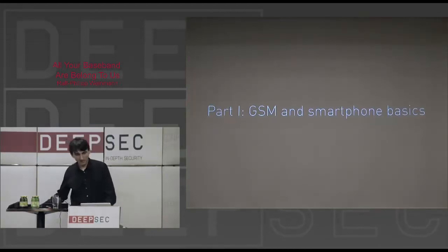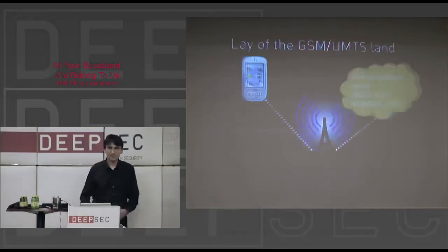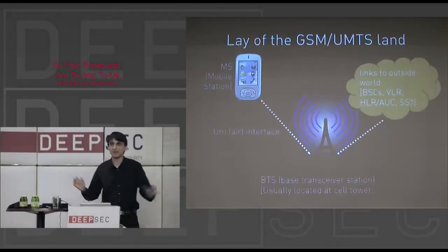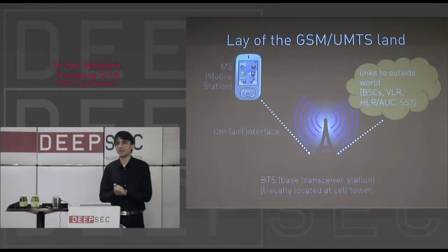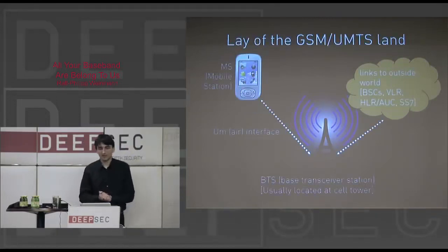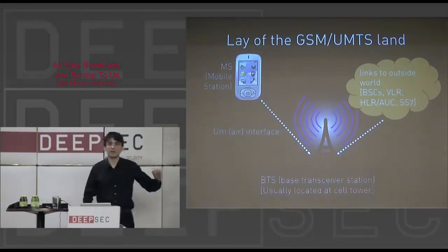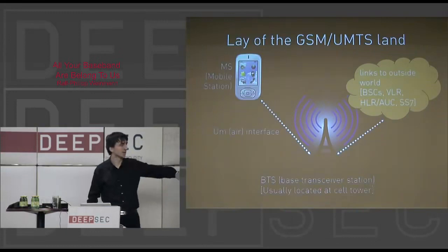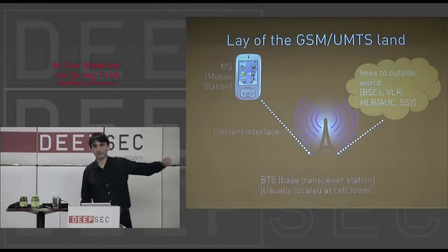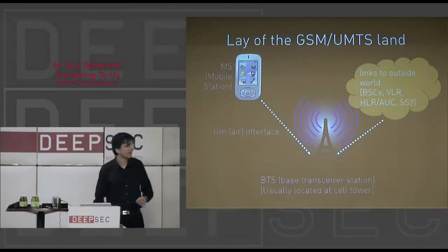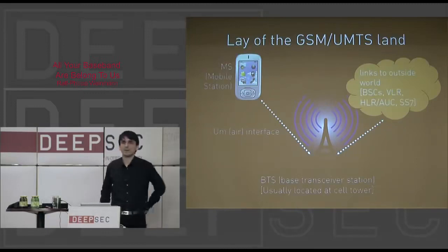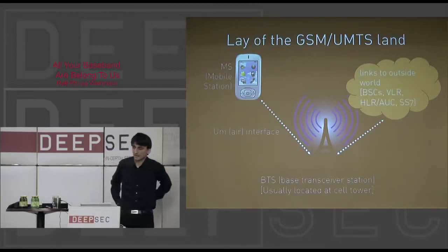Okay, let's have a look at a typical setup where I've abstracted everything away for you that is not necessary in this talk. So we'll be mostly talking about this base transceiver station, which is under our control because we carry it around, and about the mobile station, which will be attacked by us.